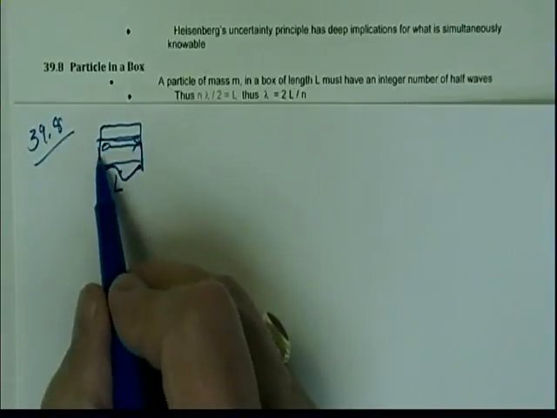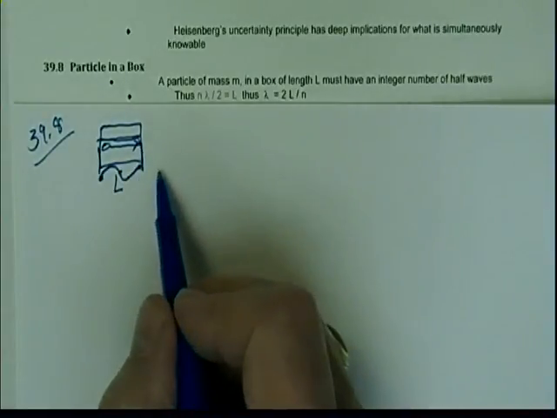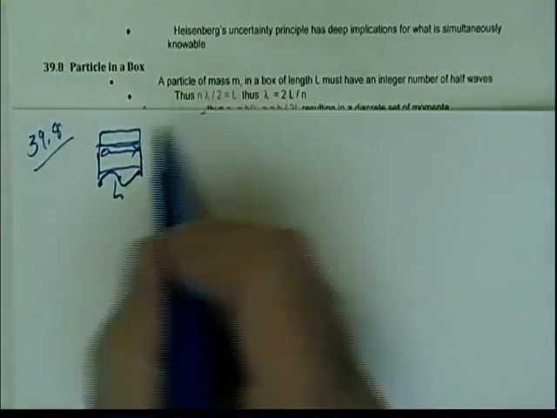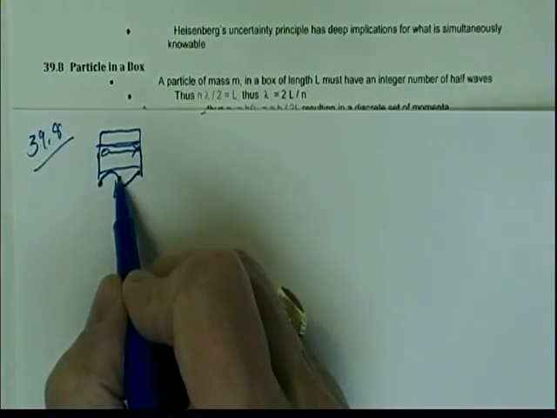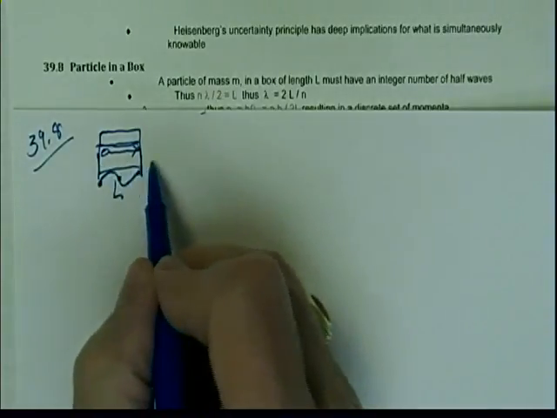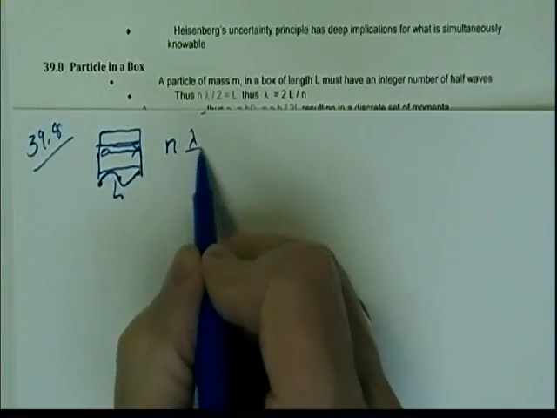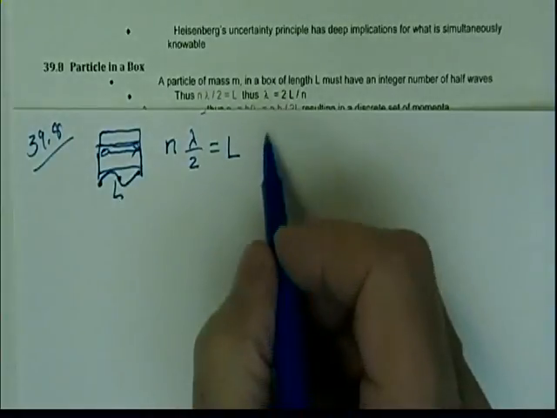In other words, the probability must vanish for it to be here and vanish for it to be here. It follows that if we have a length L, then our wave must go an integer number of half wavelengths. So an integer times a wavelength over 2 has to equal the length of the box.